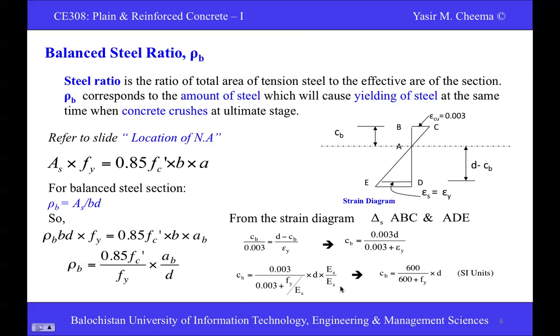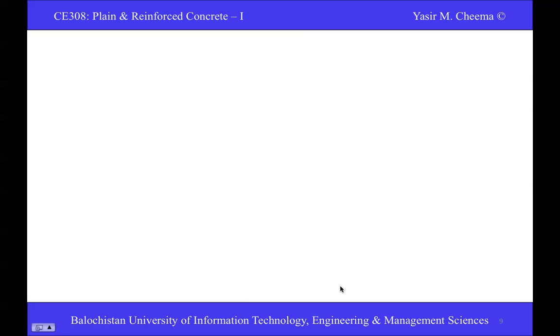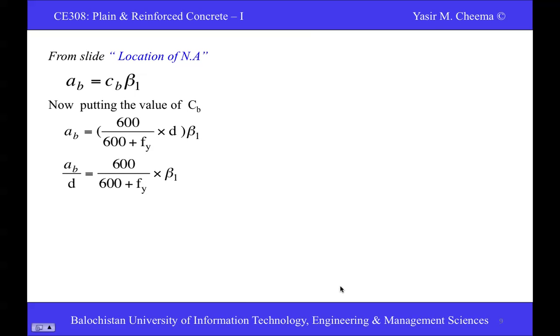So from here you can find the value of the depth of the actual stress block, Cb. Again from the same slide, for the balanced steel ratio, a is equal to c times beta 1. Now putting the value of Cb, we just replace and put the value of Cb here, and we get this kind of relation.